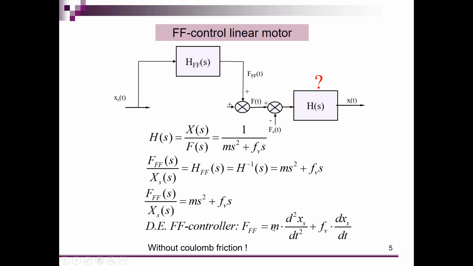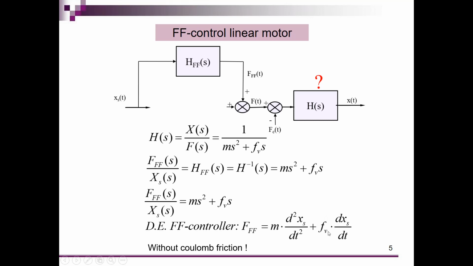But we do not know every mass in the system, because we do not know every mass of every bearing or every pulley or even every transport belt which is in the system. So the mass in my feed-forward controller is kind of an estimate of the real mass over here.